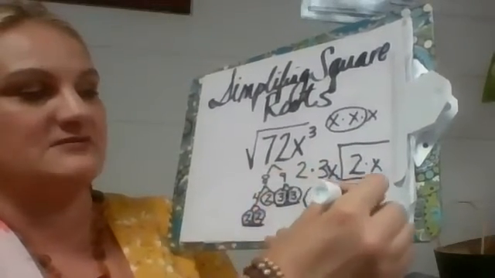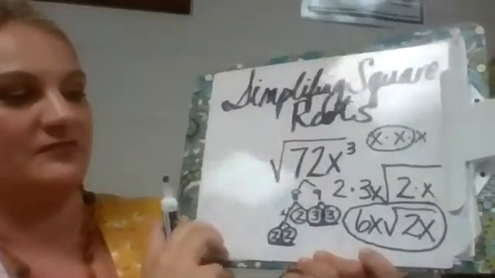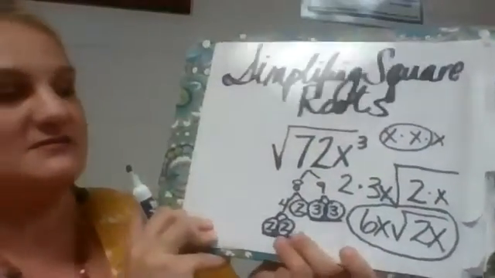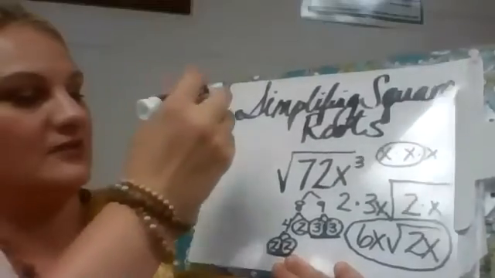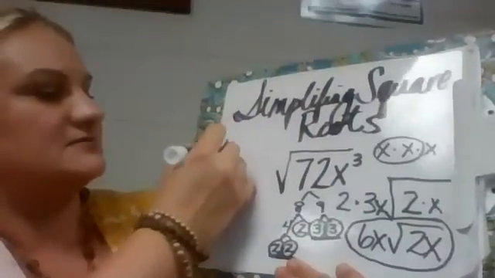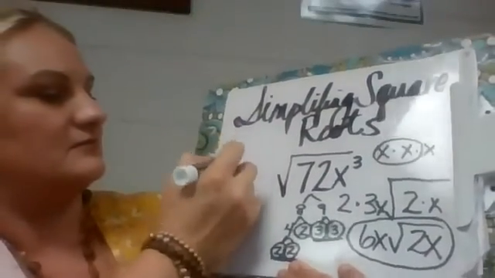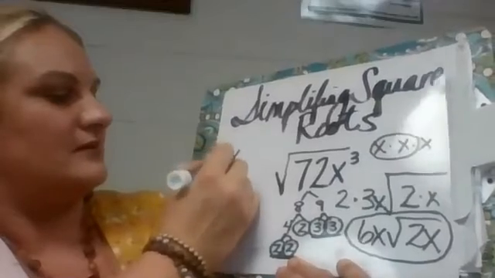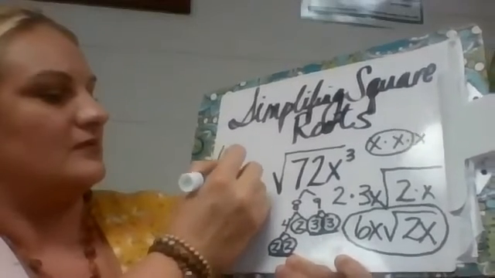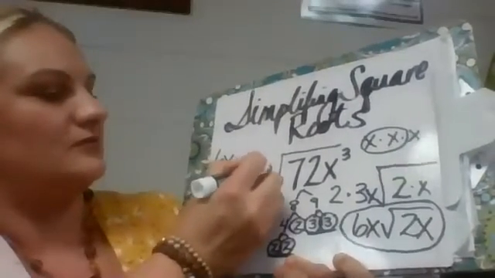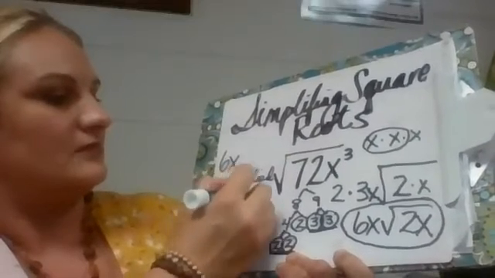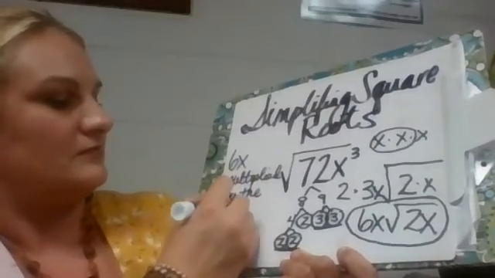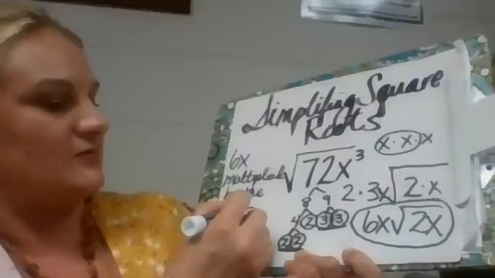And that would be our simplified version. And how you say this is that you have 6x multiplied by the square root of 2x.